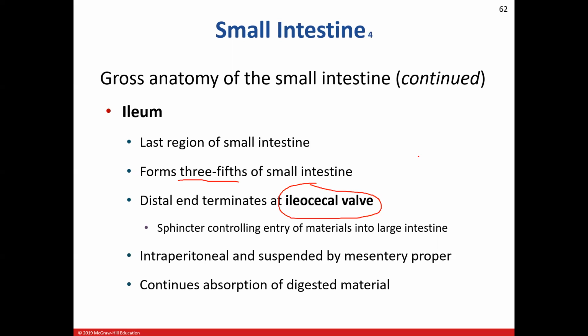So the ileocecal valve is going to control how much of the chyme is released from the ileum into the cecum. And again, it's all on a reflexive mechanism, based on what's going on in the stomach. As more contents are being moved into the stomach, and the stomach is doing its thing and breaking things down and moving it into the duodenum, that will signal a reflexive movement of material from the ileum into the cecum.